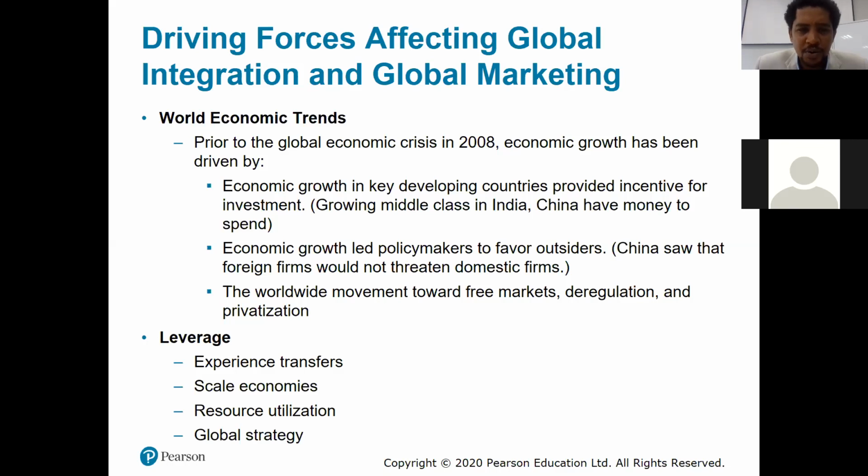The economic growth leads policymakers to favor outsiders because their focus is to sell their products internationally, right? The worldwide movement towards free market, deregulation, and privatization. So, the World Trade Organization, its major objective is to promote free trade agreements, right? And out of 192 countries in the world, 164 of them are members of the WTO, right?